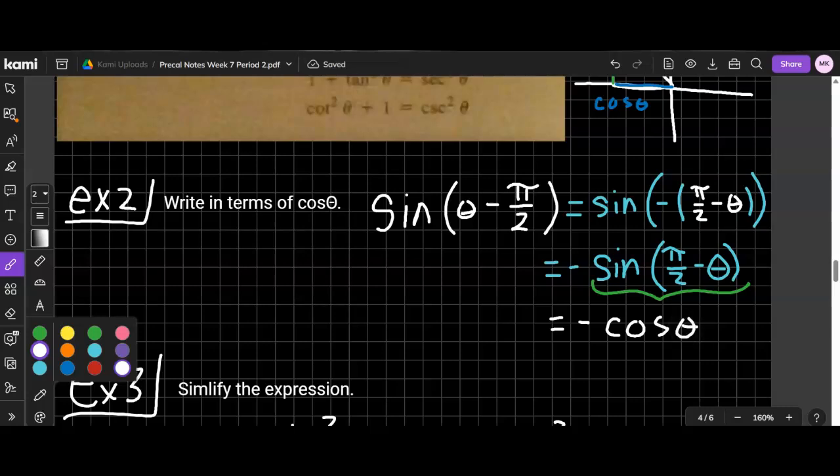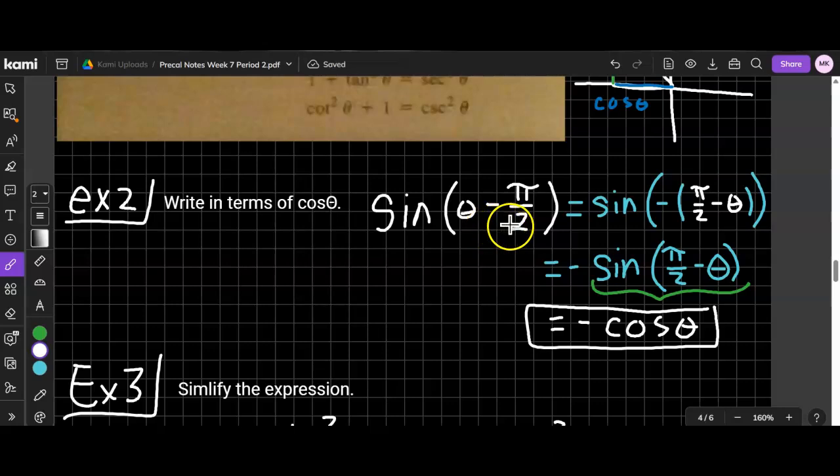So, again, talking about how we got to this point, we started in the original function and made a connection with one of the rules we just covered. We made a connection with one of those rules that we're memorizing. We see this theta minus pi over 2 and said, wow, that looks a lot like the co-function identity.